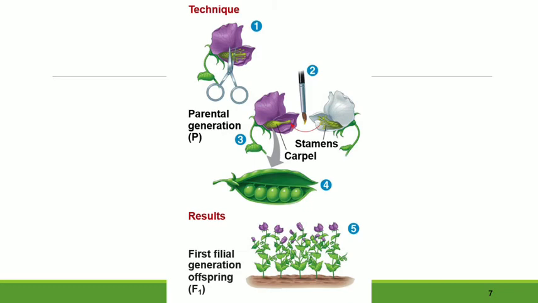Then the petals of the flower and the anthers, the male parts, they fall off, while the style and the ovary here, they develop into fruit.